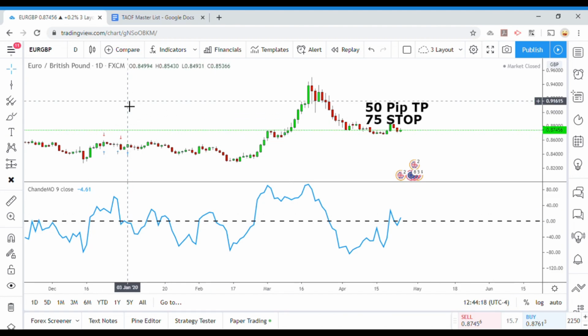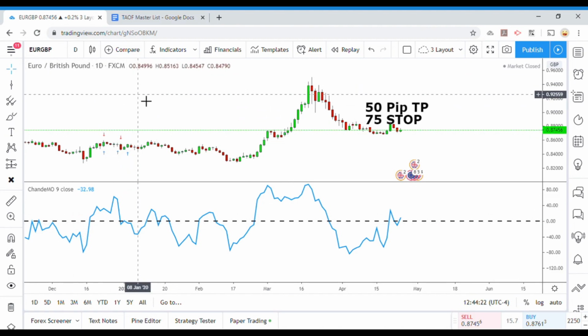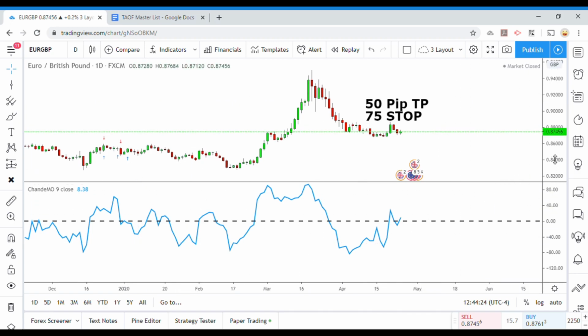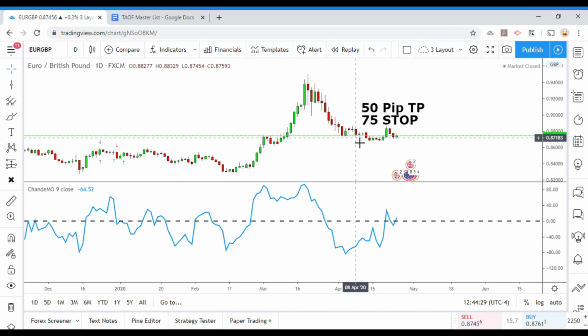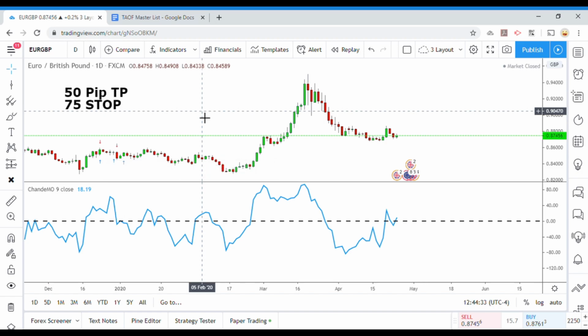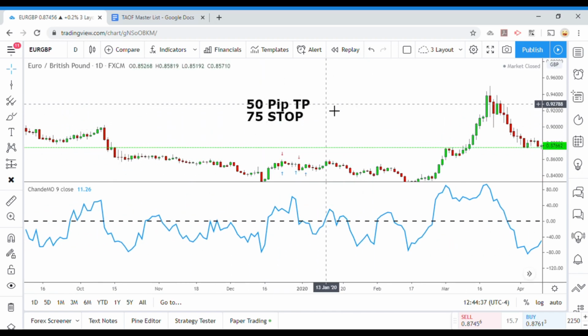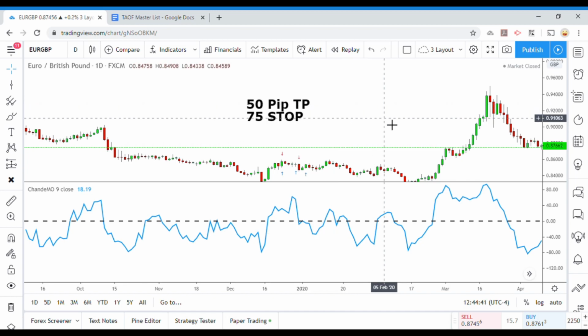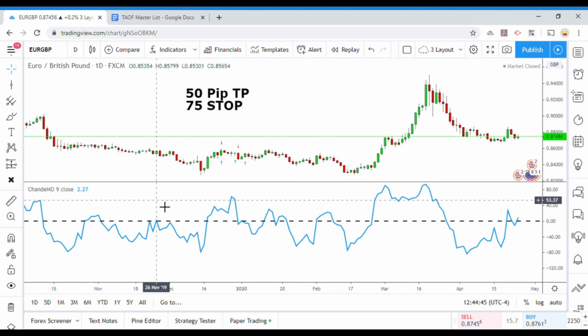Okay, as usual, we are on a random pair, the Euro versus the Great Britain Pound. The take profit is 50 pips. The stop is 75. Of course, these are designated by the average true range. If you don't know what I'm referring to, all the more reason to go back and watch the first video and the videos onwards.